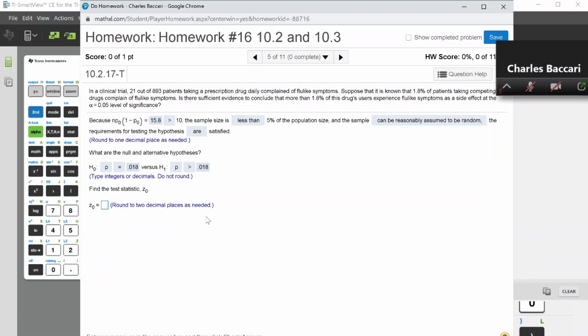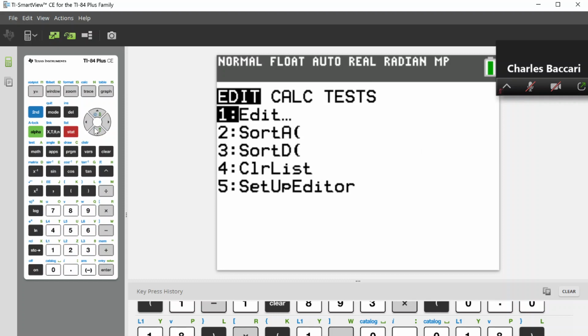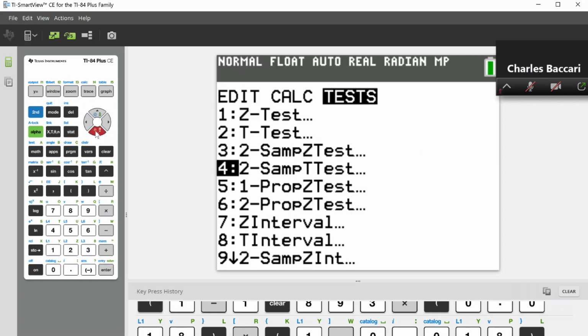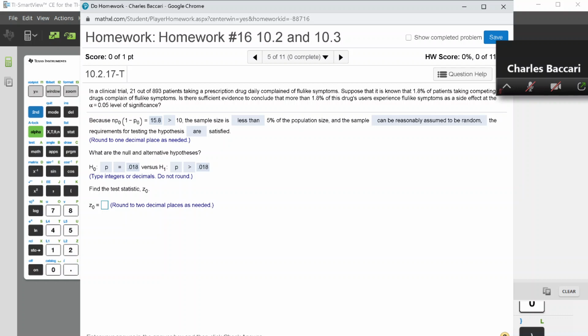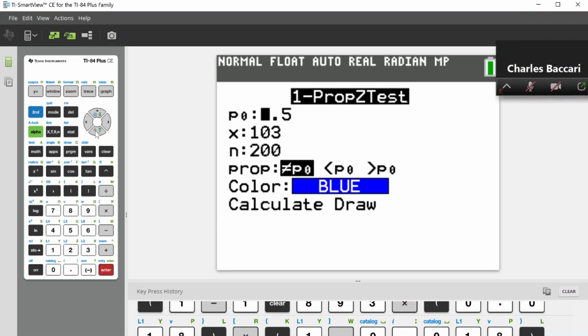The z-statistic, so we're going to go to the calculator now. This is a one prop. Stat, one proportion z-test. It's a prop, I can tell you that much. So let's try one prop z-test. Yeah, I think this is good.